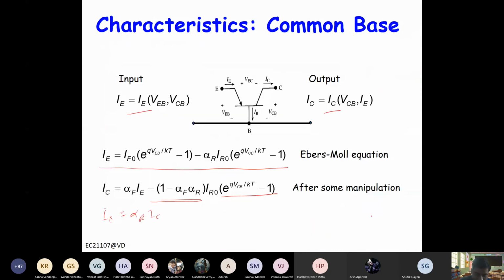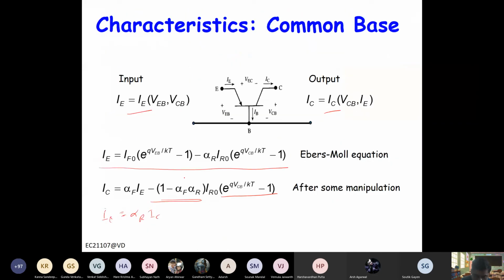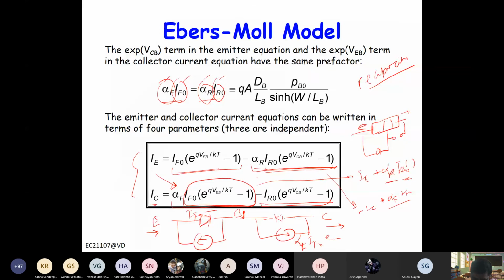So this is alpha R IC, and then you will have alpha F times alpha R, so minus alpha F alpha R plus 1, right? So 1 minus alpha F alpha R, and this will be a minus sign here.